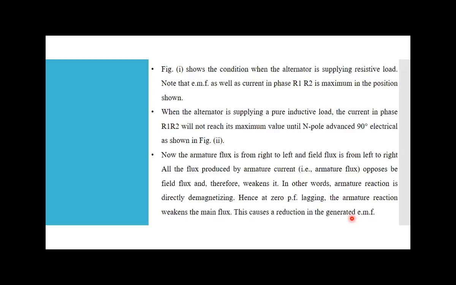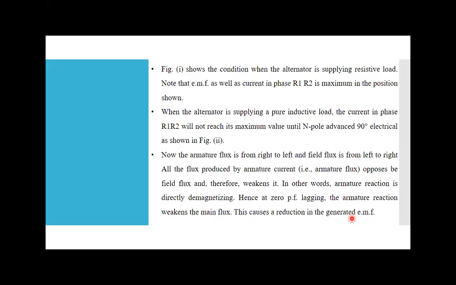Per pole, your slot count is constant. Once your alternator is designed with 20 slots, it always remains 20 slots. We cannot increase the slots from 20 to 30, or decrease them from 20 to 10. So your M is constant, and beta, the slot angle, is also fixed. So your KP, KD, TPH and 4.44 all remain constant.